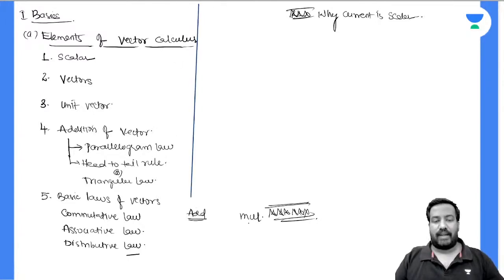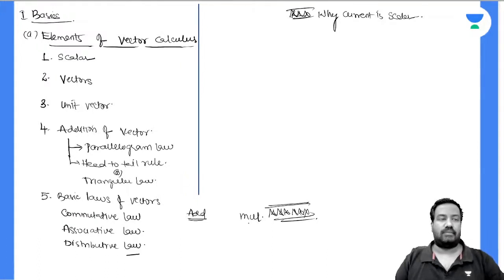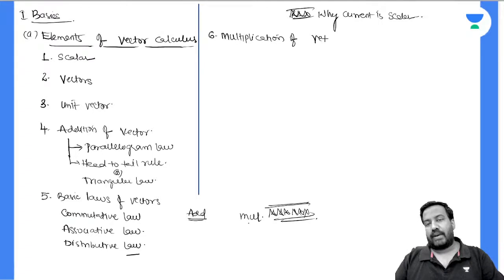Then we have seen multiplication of vectors.